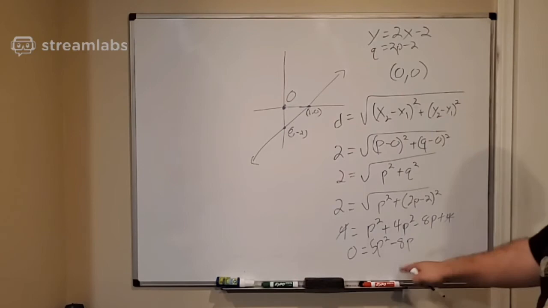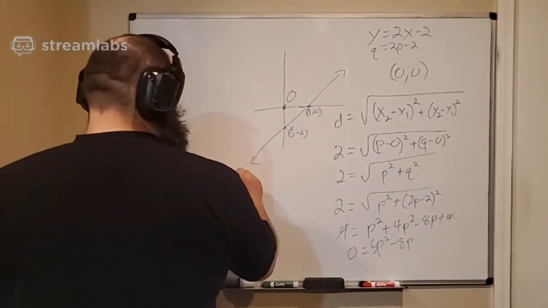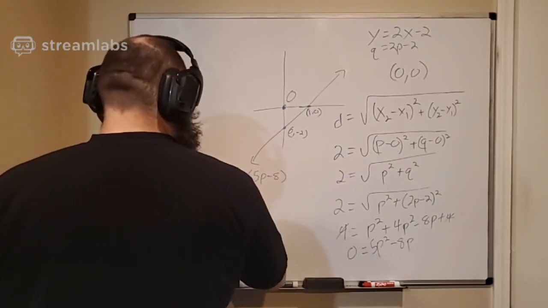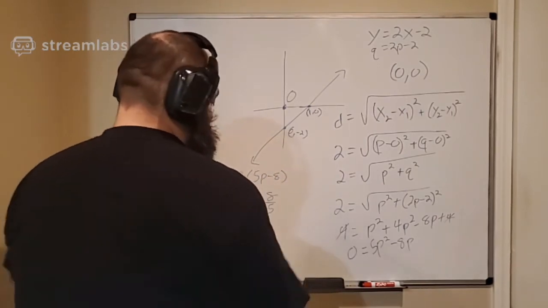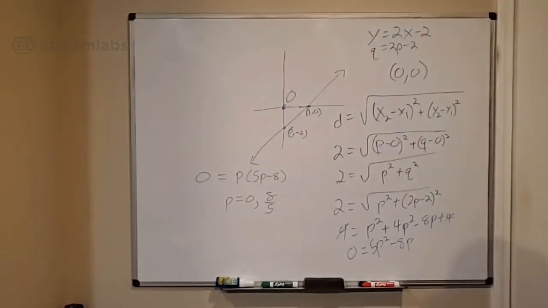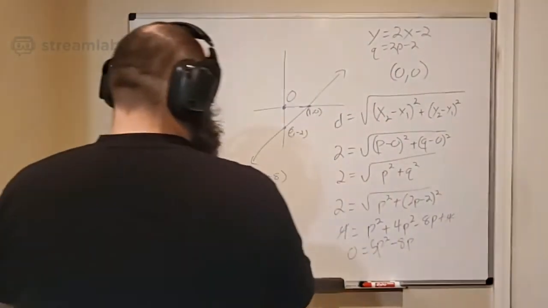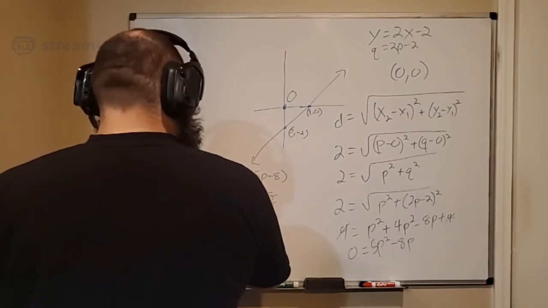So you get 0 is equal to p times (5p minus 8). So p equals 0 and 8/5. And then plug in to find q into the equation you already have up there. So q is equal to 2p minus 2. We already obviously knew the one was 0, so you get q is equal to 2 times 0 minus 2.